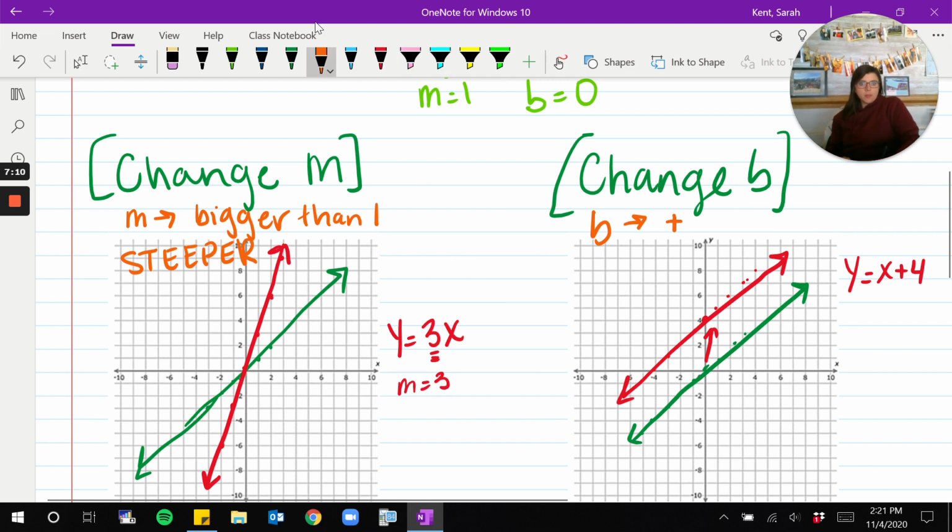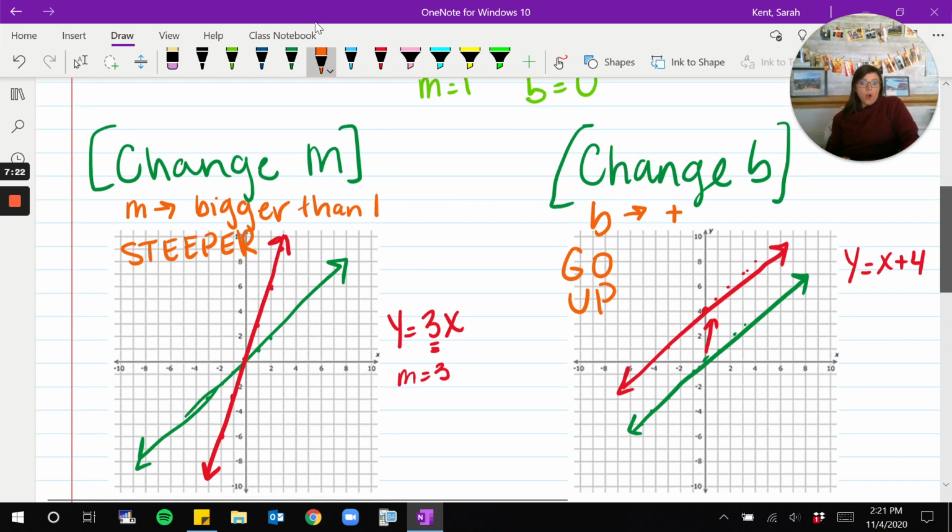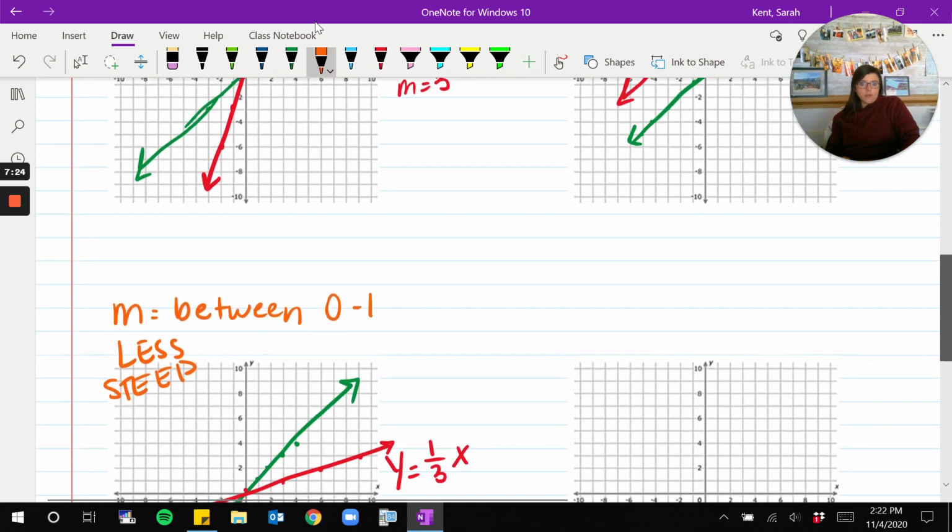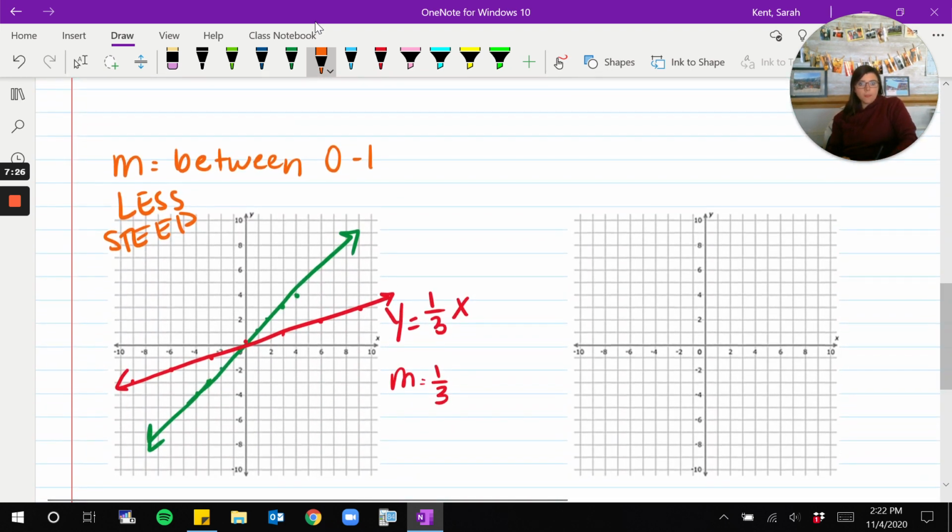So here, if it's plus, all we did was we go up. Up, up, up. Line's the same. But now we could also, instead of doing plus a number, for our b, we could do minus a number. So if I start with my first line, look something like this.